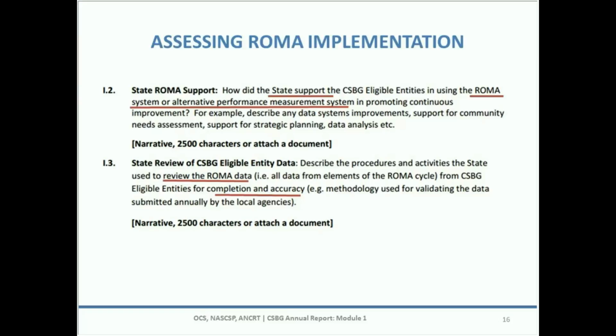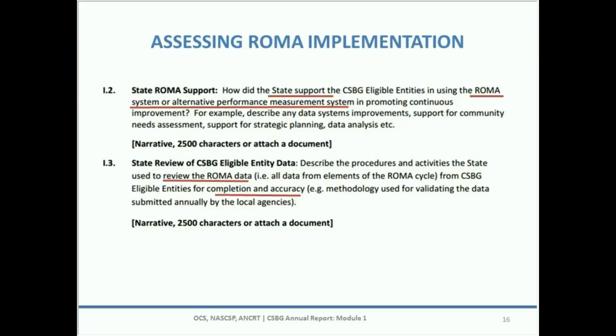So it would include the documentation that eligible entities would have done in certain sections of the organizational standards relating to needs assessment and strategic planning and reporting of data and so on. So there are a lot of sections in the org standards that would include ROMA data, and of course the national performance indicators would also be some ROMA data as well.